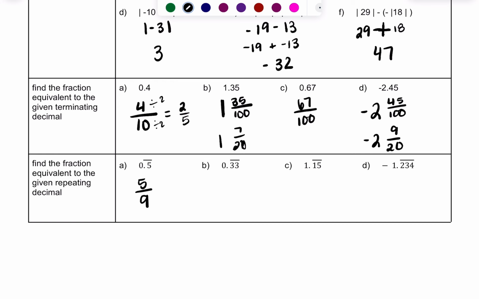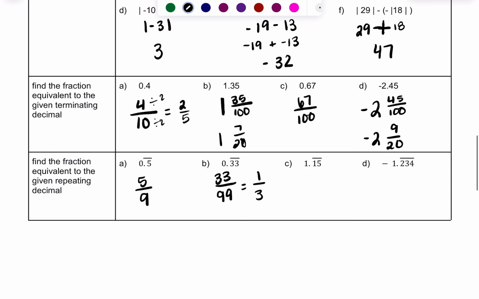Okay, so looking at example B, I now have two numbers after my decimal. So that means I'm going to put this over 2 nines. And once again, make that 33 into a whole number. I can simplify that, which is I can simplify it by 33. So I would put this over 1 and 1/3.